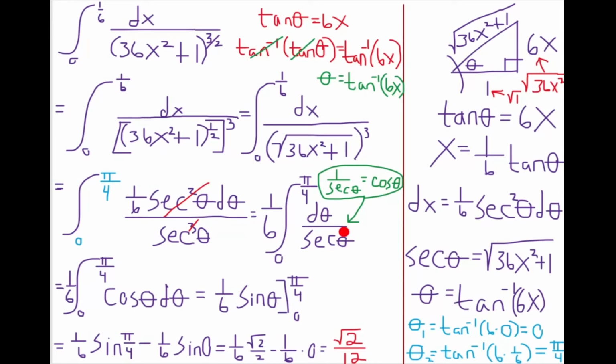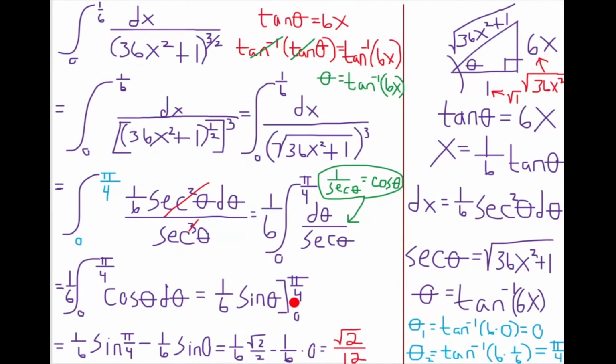Right here, instead of 1 over secant times d theta, it's now cosine times d theta. That's the only thing that changed from this step to this step. And then we know how to integrate cosine. We know that cosine is the derivative of sine, so the integral of cosine is sine. And we still have our 1/6.